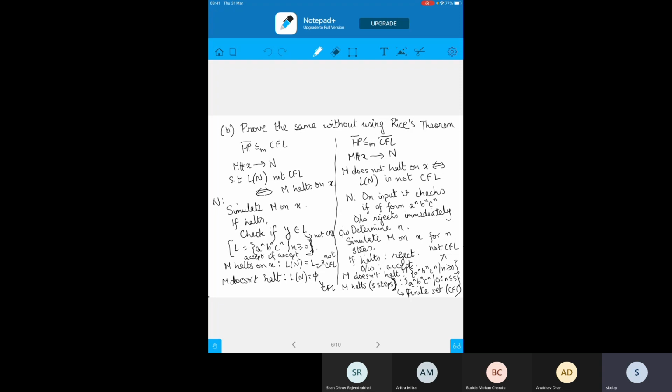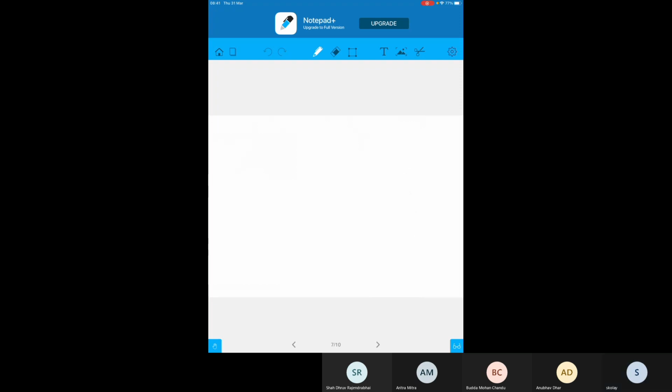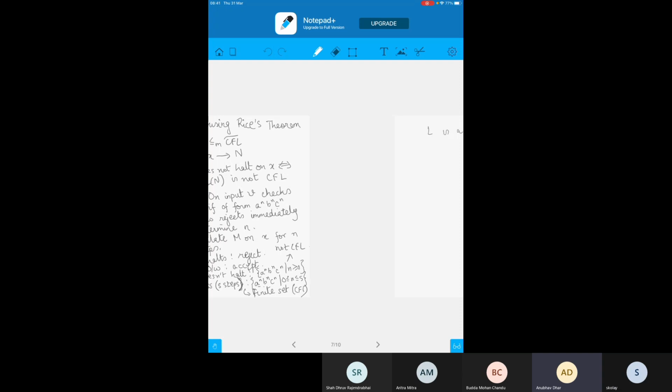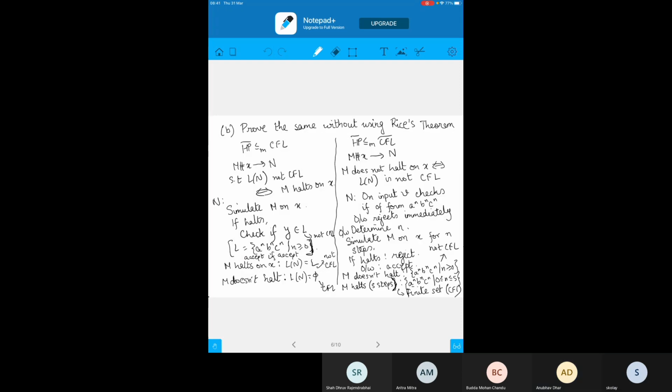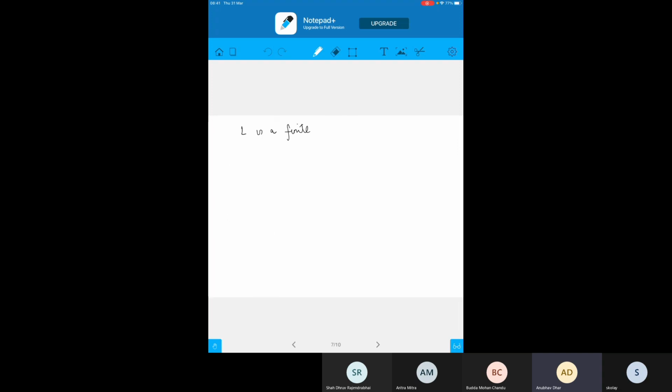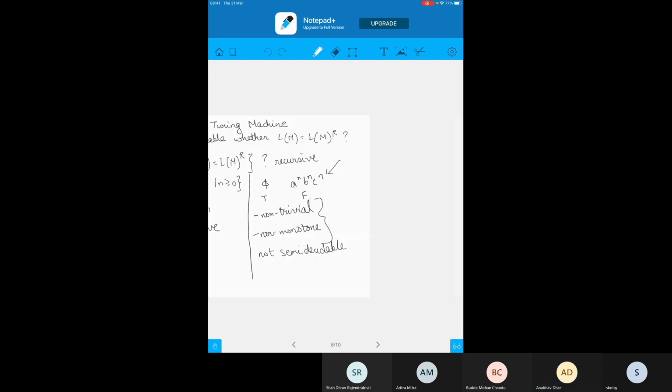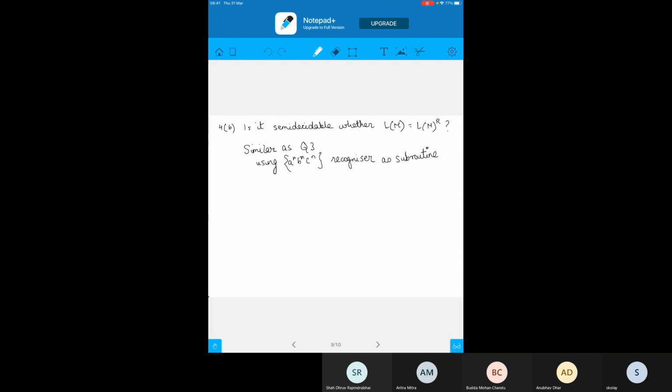Can you show that it is a CFL? Ma'am, I'm not talking about CFL. I'm talking about L of M equal to L of M reverse. Yes, ma'am, question 4 part B, where we are using question 3 as a subroutine.